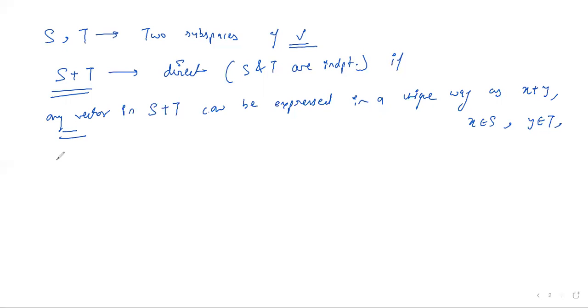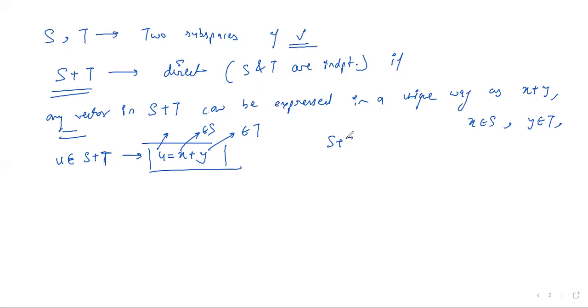That if there is any vector u which belongs to S plus T, and if this vector u can be written in a unique way as x plus y, where x is from subspace S and y is from subspace T, and u is from their resultant S plus T, their sum, then we say that it is the direct sum.